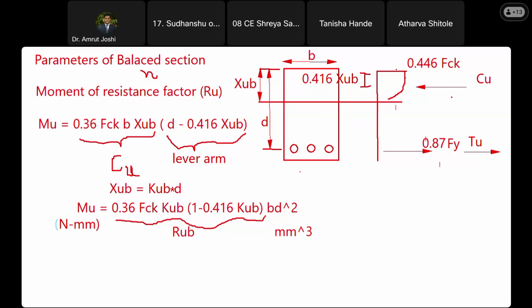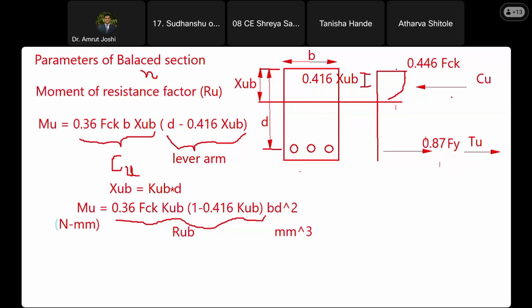So the BD square is mm cube. I have to multiply it with the unit of RUB such that the product is Newton mm. So what should be the unit of RUB? We already discussed the unit of RUB should be Newton per mm square. So RUB will be in Newton per mm square multiplied by mm cube. So mm square gets cancelled and what remains is mm.